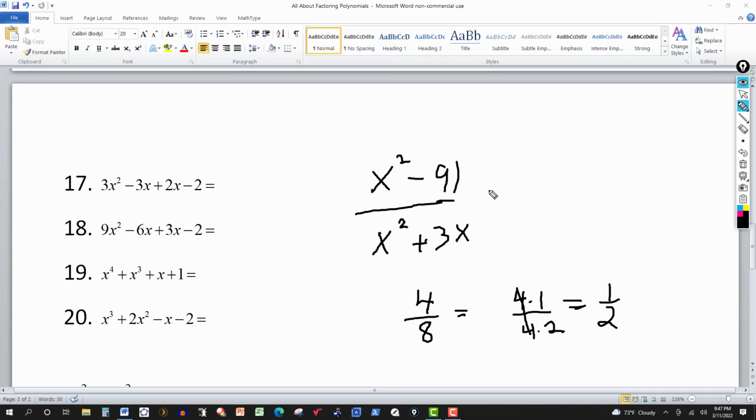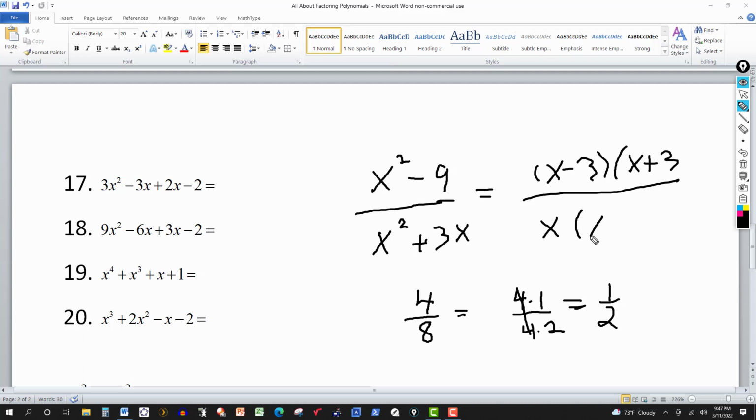So for this one, if they ask you to simplify, you would go ahead and factor the numerator. x squared minus 9, this difference of squares, factors into x minus 3 times x plus 3. The denominator, x squared plus 3x, has a common factor of x. Take out the x. That leaves me with x plus 3.